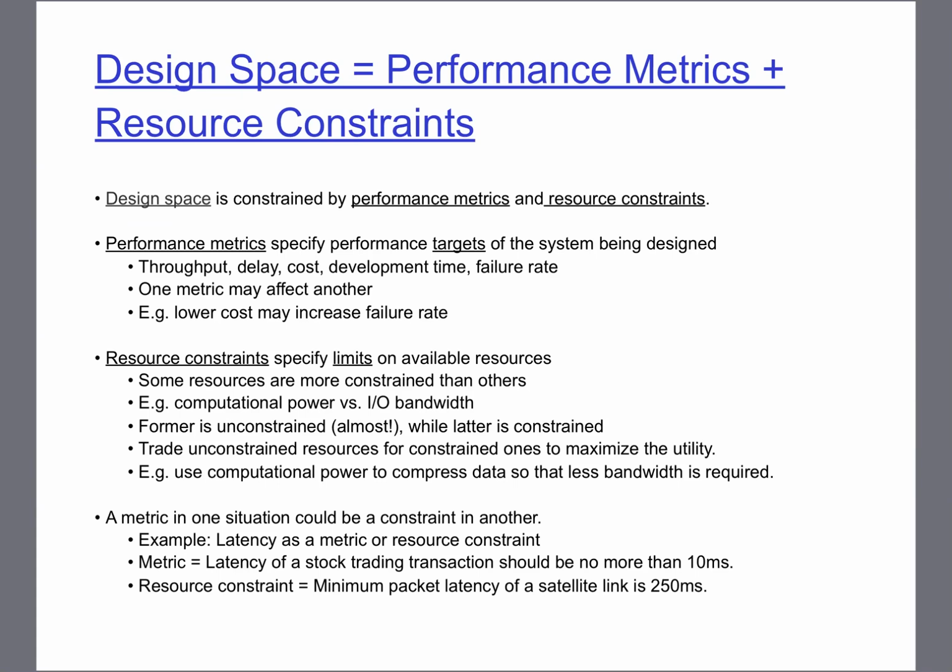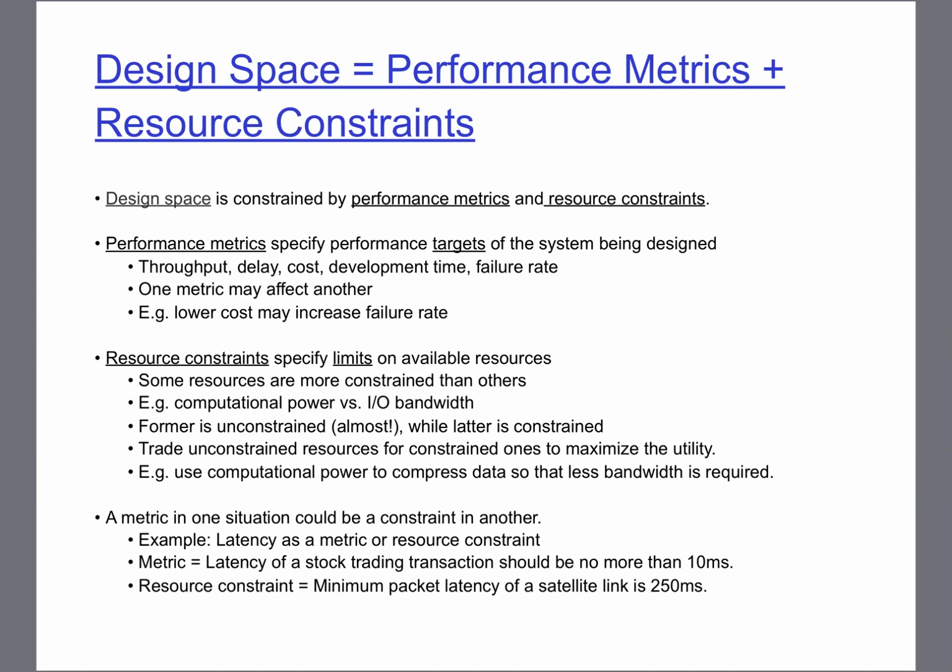So for example, we looked at latency. A stock trading transaction may have latency as a metric, meaning a goal that you want to achieve, having low latency. Whereas in some other situations like satellite communication, the latency may be a resource constraint because there's a minimum latency to communicate over satellite links. Right?